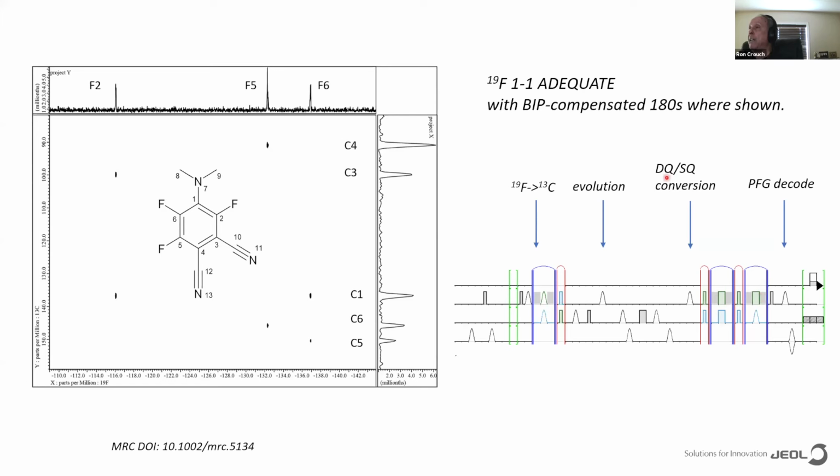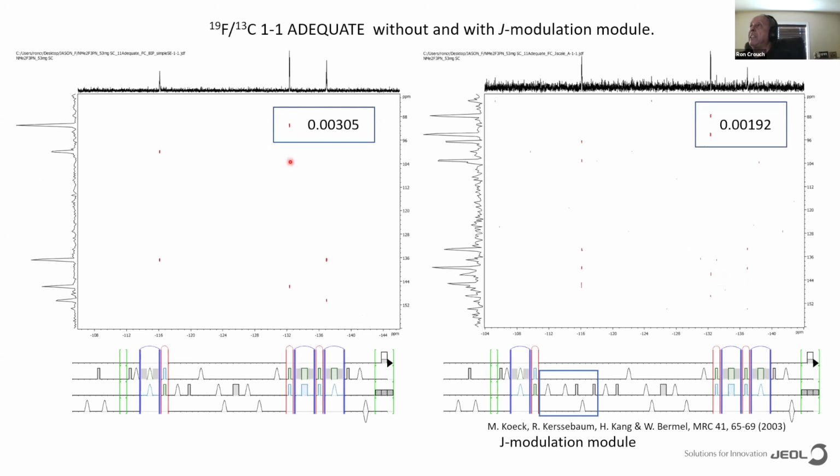We could write experiments that would work perfectly well with proton carbon ADEQUATE, but they utterly failed with fluorine carbon ADEQUATE. Exactly why that is is unknown and is an interesting fact. So for now, we're keeping this simple. If we look at the intensities of that, we recover 0.003, and that was relative to 0.9 for the HSQC.